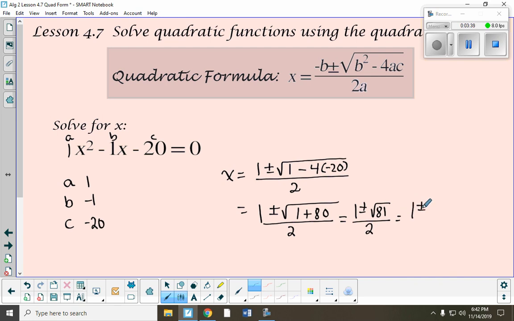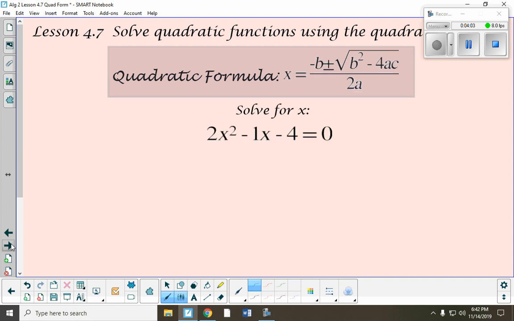The square root of 81 is 9, so it's 1 plus or minus 9 over 2, which would be 1 plus 9 divided by 2, and 1 minus 9 divided by 2. So that would be 10 over 2, which is 5, and negative 8 over 2, which is negative 4. And when we factored it, remember, those were the answers that we got. So this would be solving using the quadratic formula.